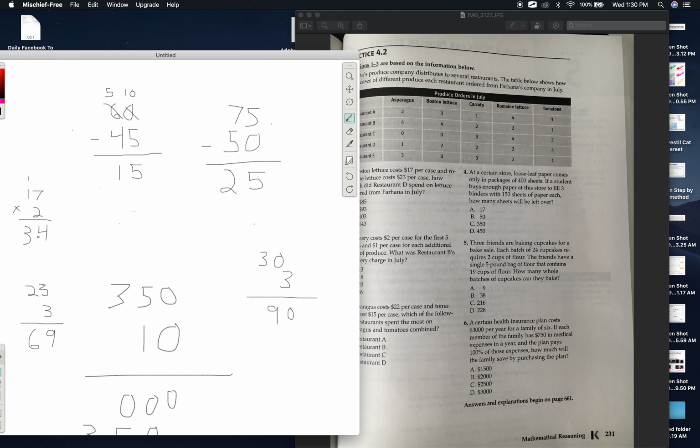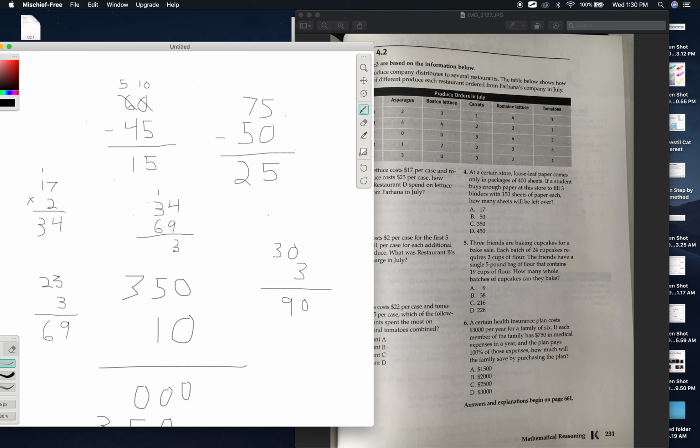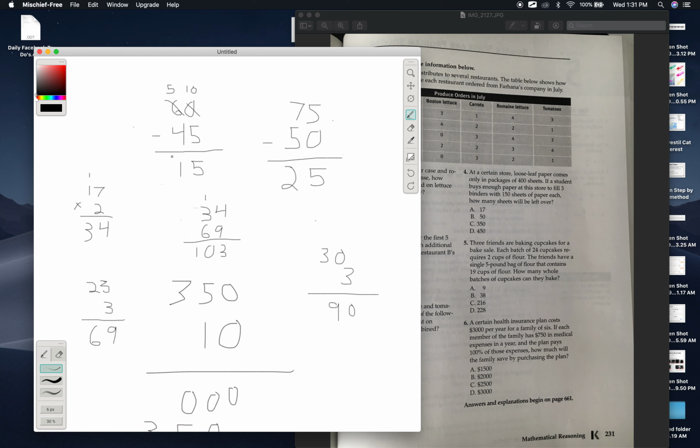Carry the 1. Then 3 plus 6 is 9, plus 1 is 10. So here's your answer, 103. They spent $103 on lettuce altogether.